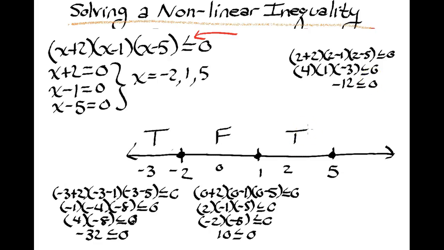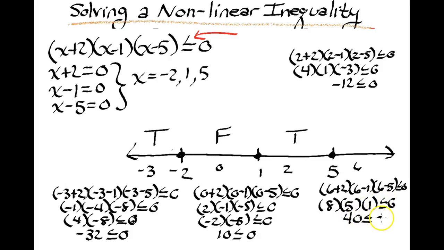I'll mark this region true. And my last test point, I'll pick a 6. Okay, so 6 plus 2, 6 minus 1, and 6 minus 5. We're testing to see if it's less than or equal to 0. So we get an 8, a 5, and a 1, which gives me 40 is less than or equal to 0. That's false. Okay, so I'm going to pick the regions that have true as the answer.